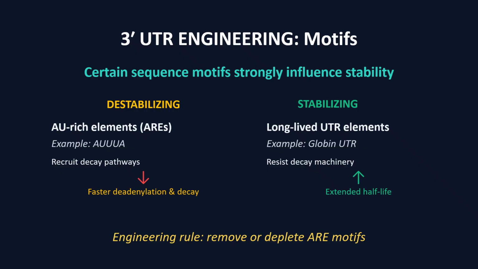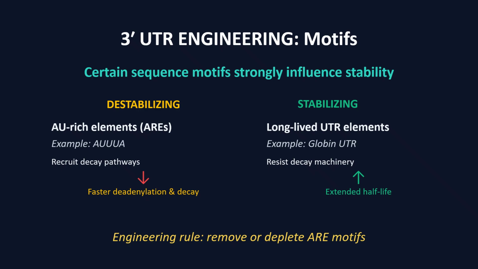So, this 3' UTR contains short sequence patterns that act like docking sites for regulatory proteins. One example is AU-rich elements, where some motifs can recruit factors that accelerate deadenylation and decay.